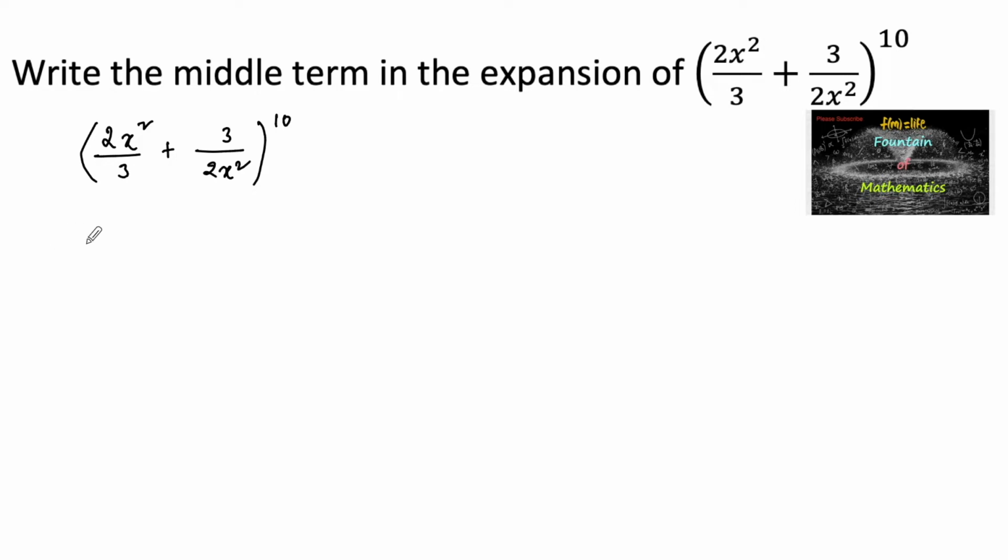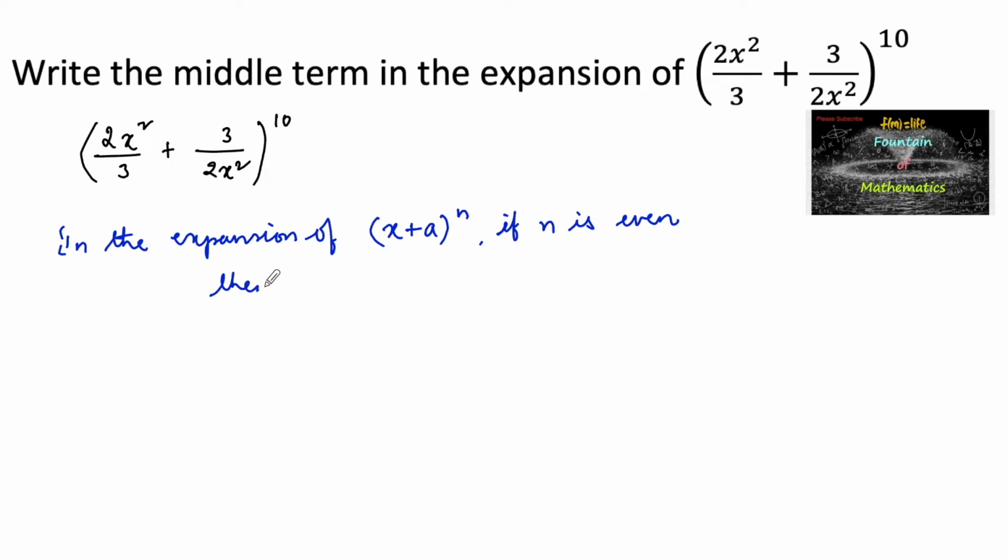Since we know that in the expansion of (x + a)^n, if n is even, then the middle term is the (n/2 + 1)th term.